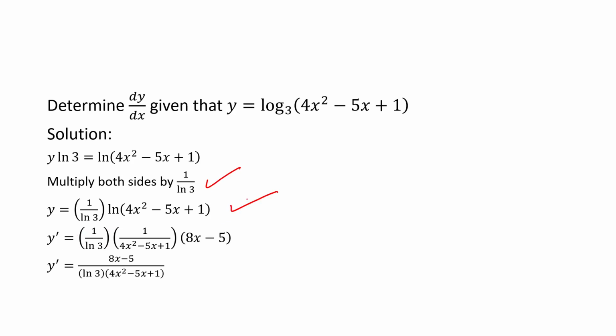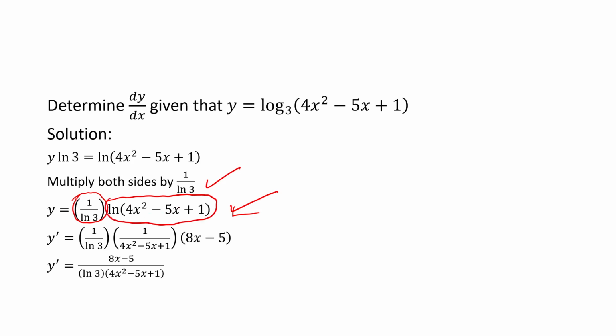And now, one more time, if it helps you to see it this way, it's totally not necessary, but you can see this as a product rule. We've got 1 over ln 3, which is the constant roughly equal to 0.91. And we've also got the ln of that quadratic. Well, we could do the product rule.